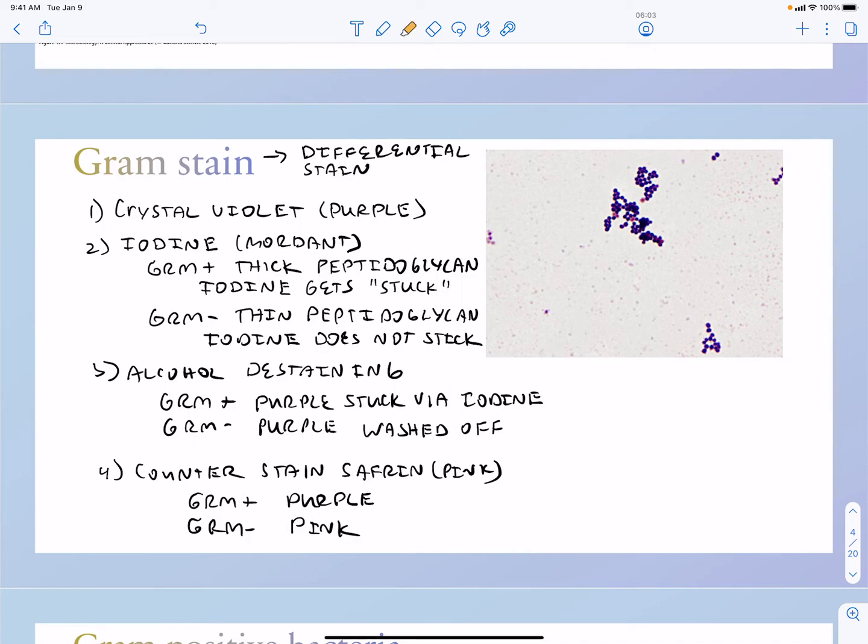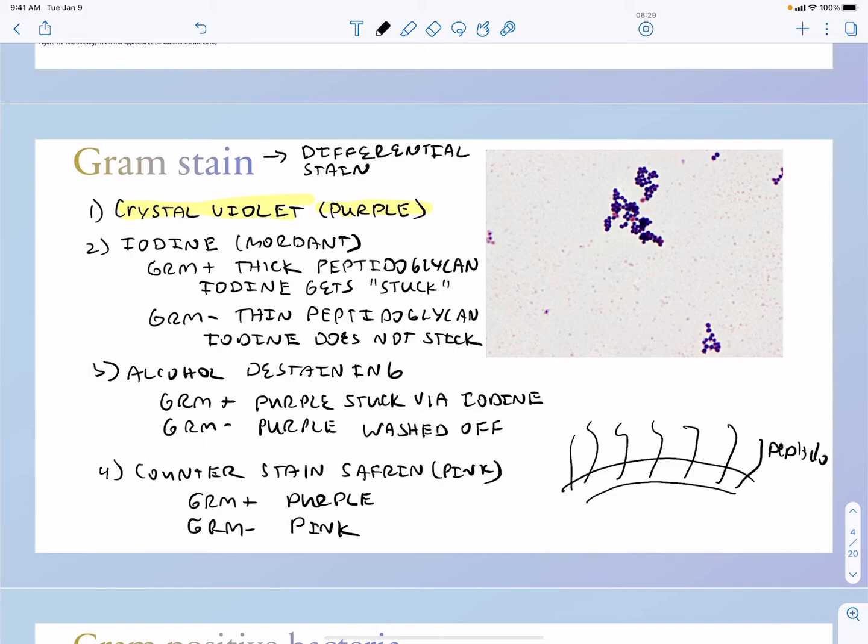And basically for a gram stain, you start with a smear on a slide, and then you are going to stain with a purple color, which is called crystal violet. And then the crystal violet will stain the cell wall of the bacterium. So here's our bacterium. And they're going to have these peptidoglycan layers. And so the crystal violet, which is purple, will get into the peptidoglycan layers.